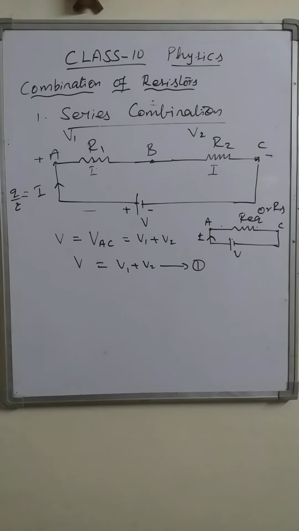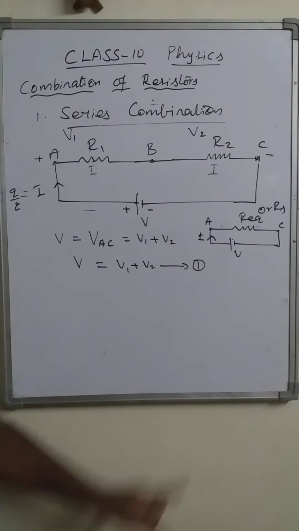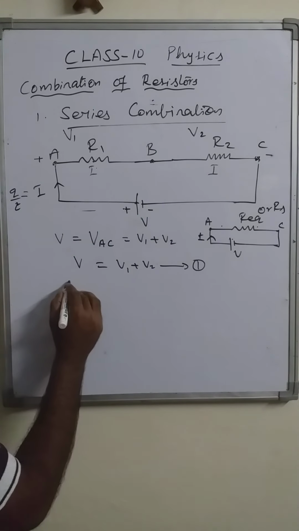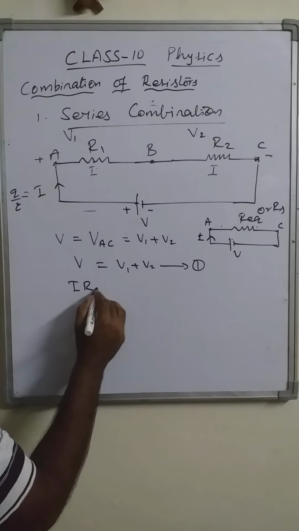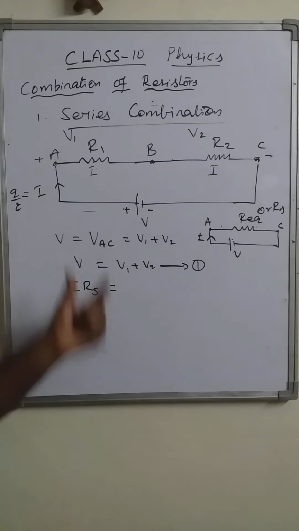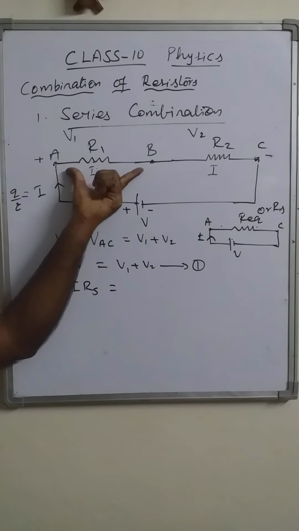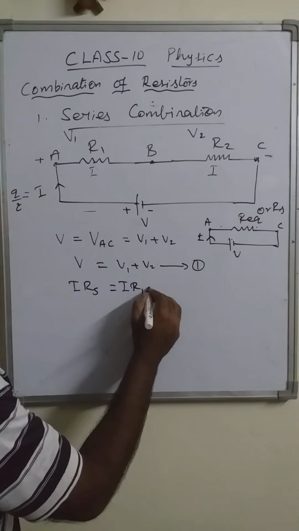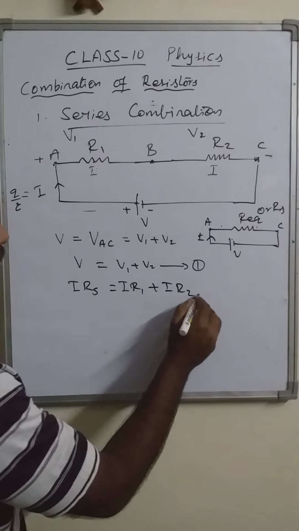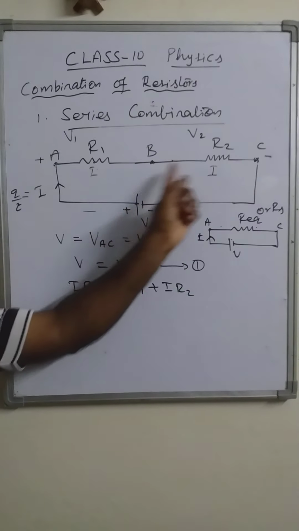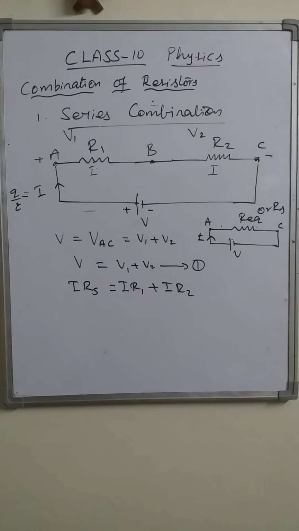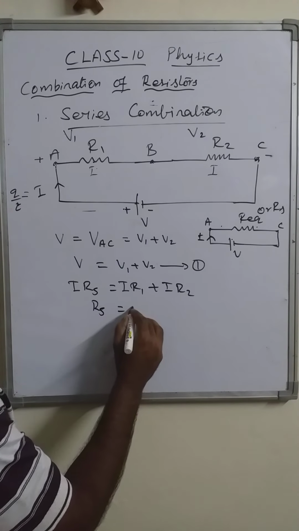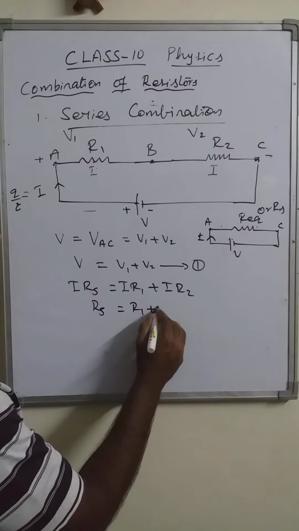If we use Ohm's law, V equal to I Rs. Then V1, the potential difference across this resistance, is I R1 plus I R2. Here, the same current I is flowing. On simplification, we get Rs equal to R1 plus R2.